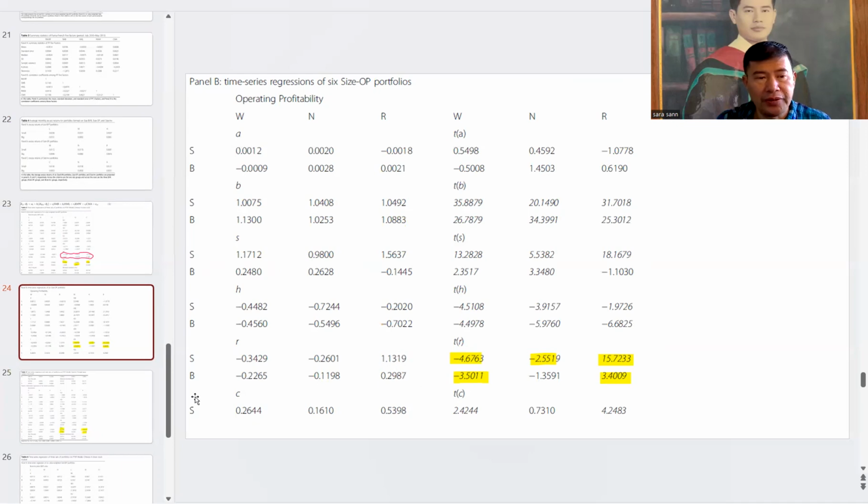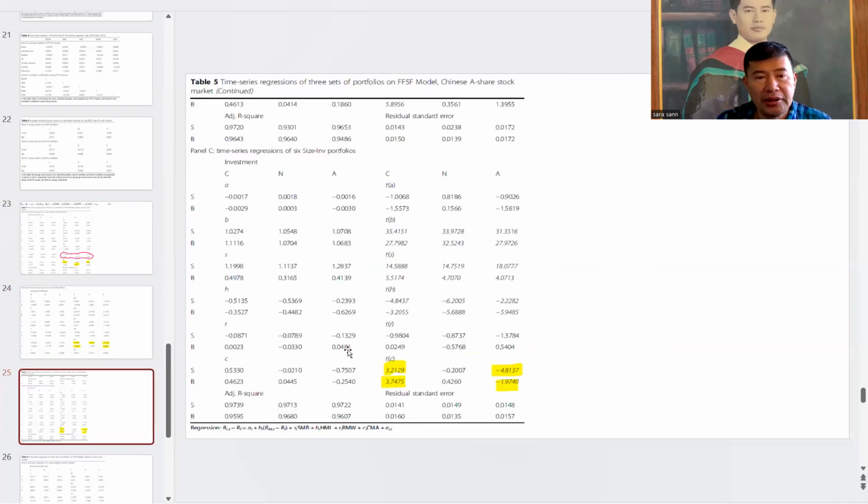Okay, there are 2 over here. And this one, panel C, we have 1 over here, the relation between profitability toward the size to return on investment. Okay, that one is total 3.